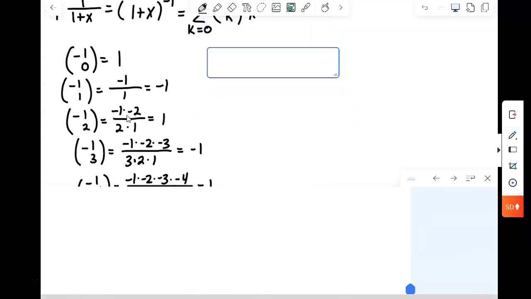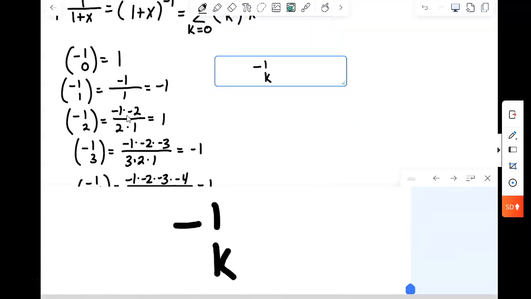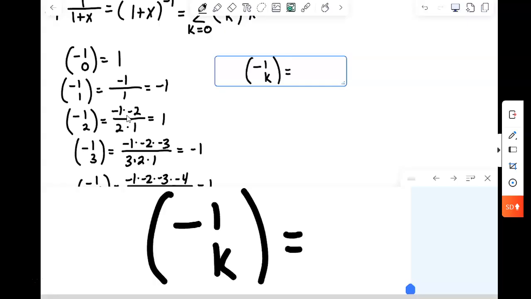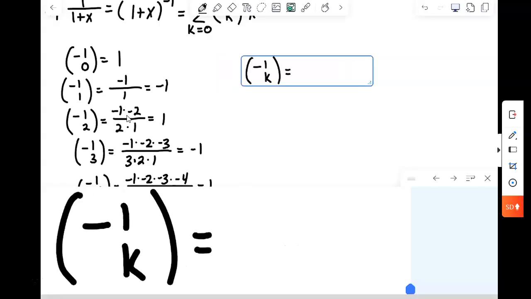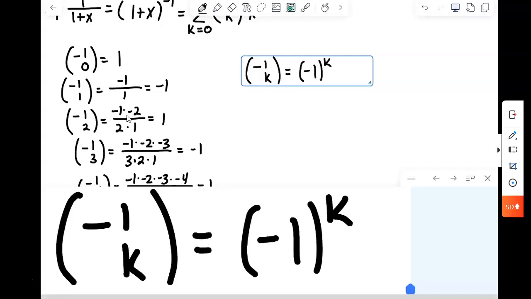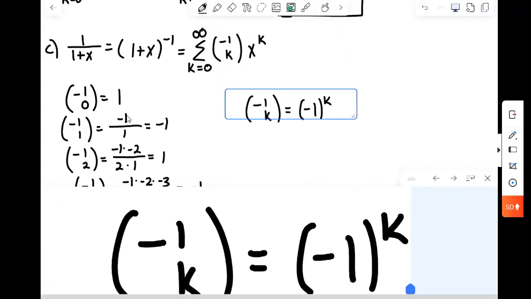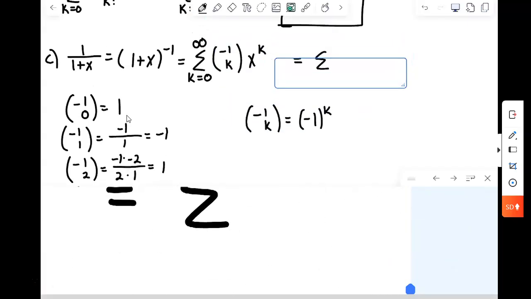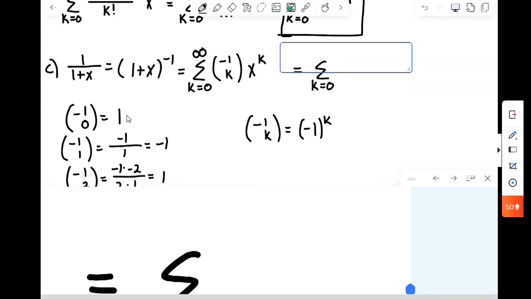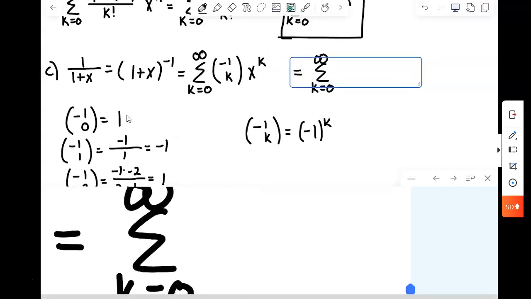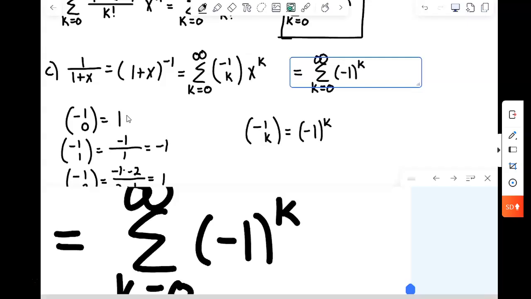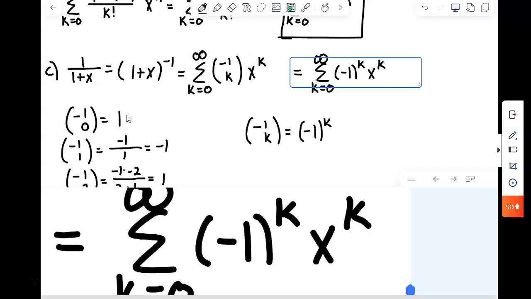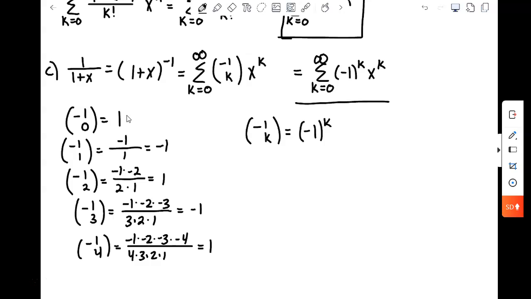So in other words, this minus 1 to the k, choose k, is actually equal to minus 1 to the k. So that our series then must be the sum as k equals 0 to infinity of minus 1 to the k, x to the k. Okay, that's what our binomial series result has to be.